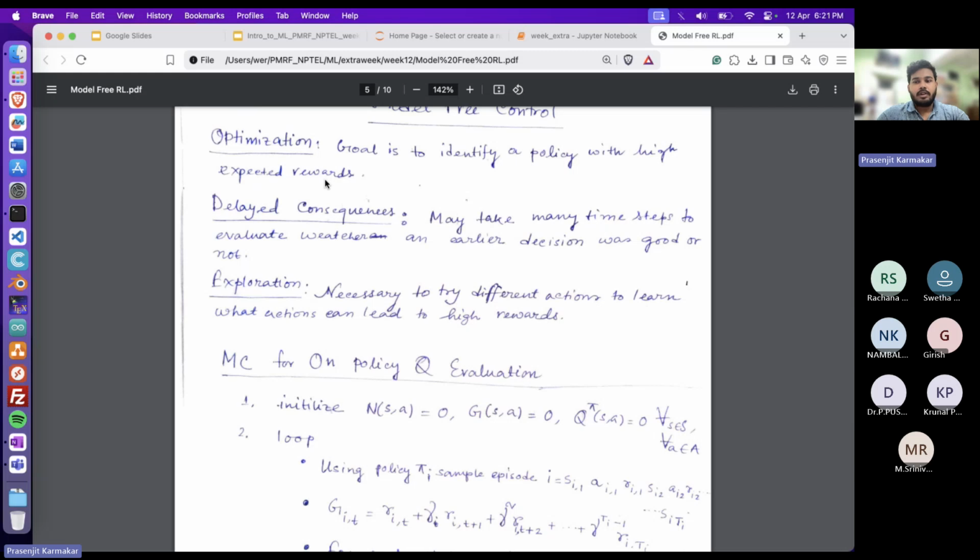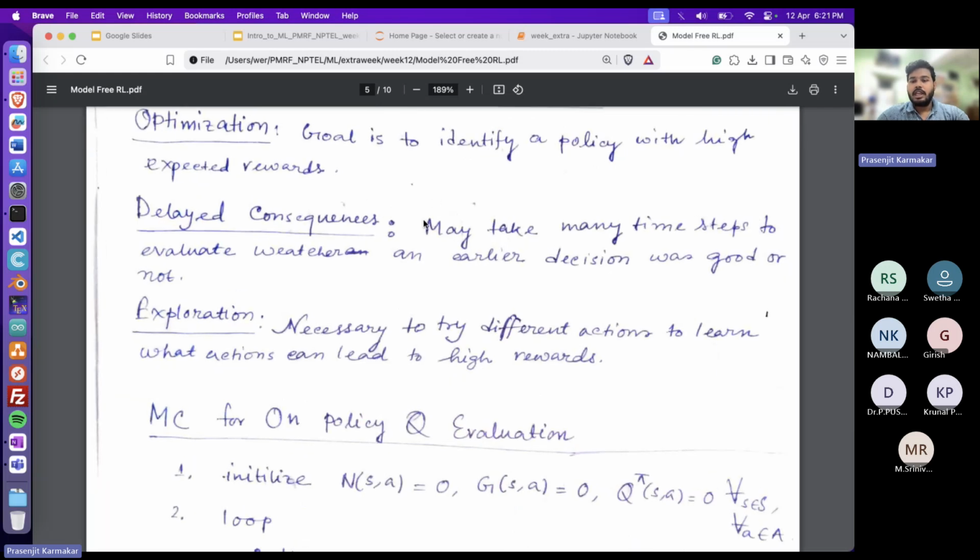But because our environments can have delayed consequences, one step can influence where you end up many steps later.